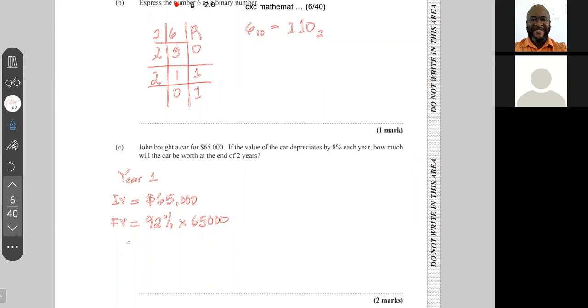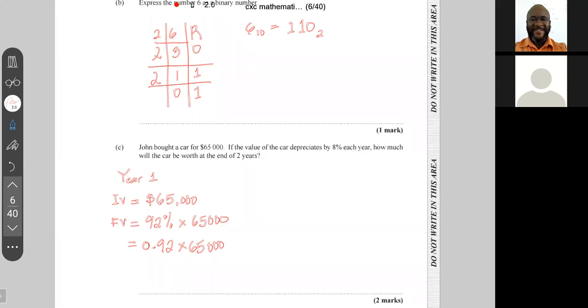Ladies, gentlemen, 92% is the same as saying 0.92 times 65,000. Now, 92% is 92 over 100, and 92 over 100 is 0.92. So let's find out what this is.